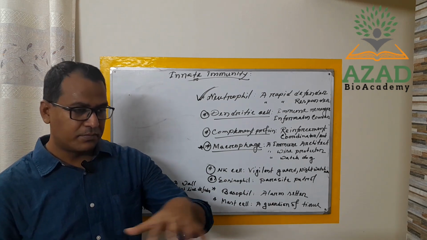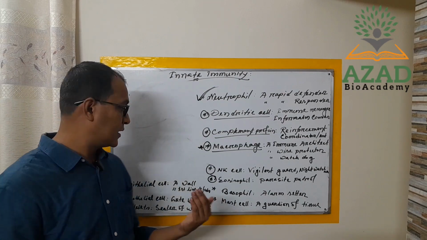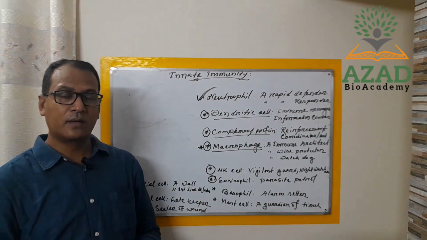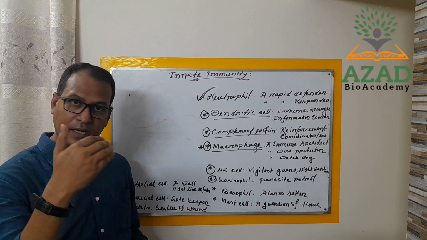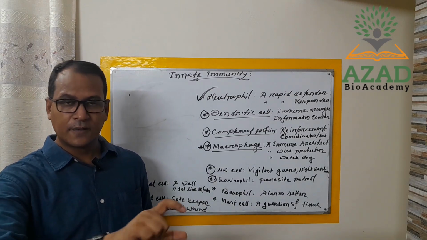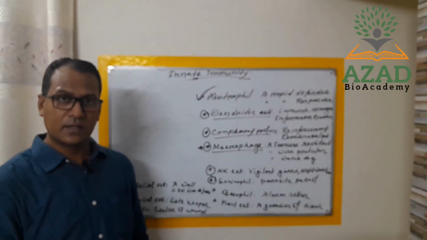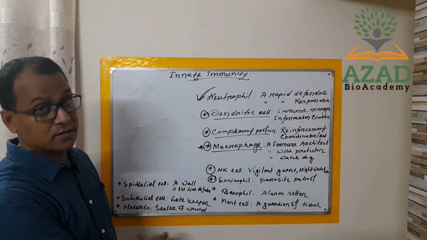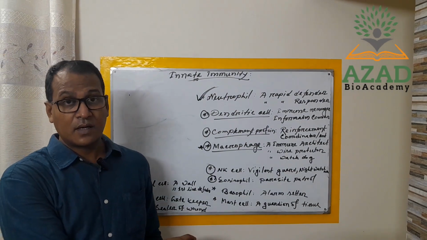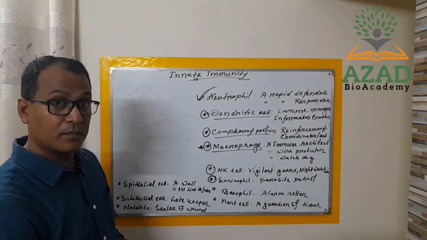So when an injury occurs anywhere, the platelet will form a clot, and that will seal the wound. So you can say it is the sealer of the wound. Okay, this is an additional function of the platelet. The platelet is a coagulation factor of your blood.